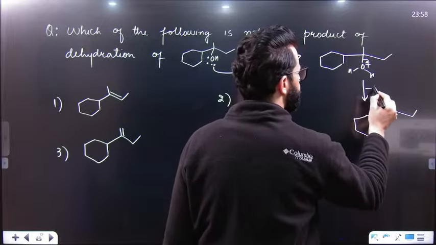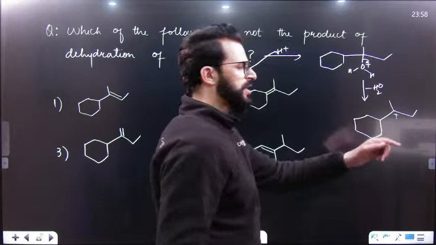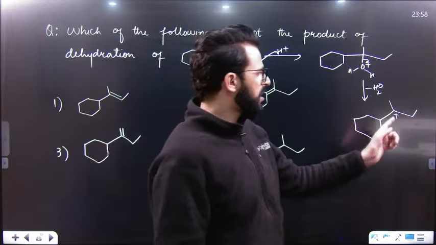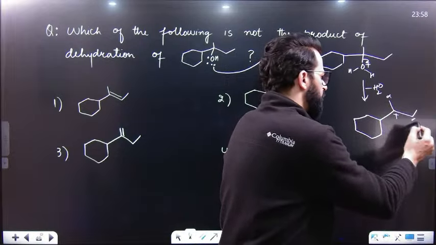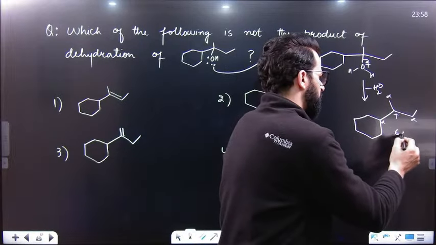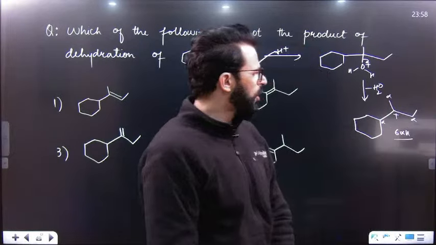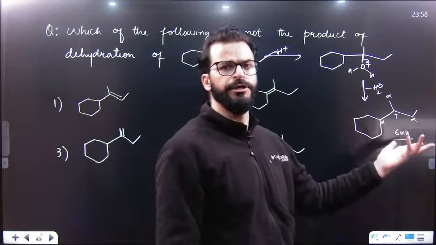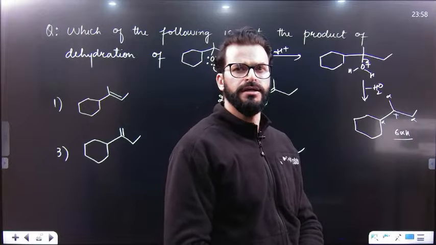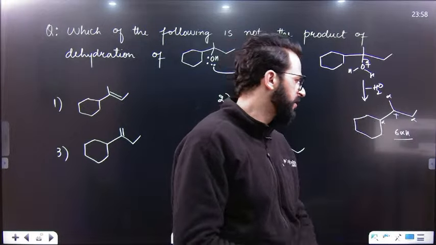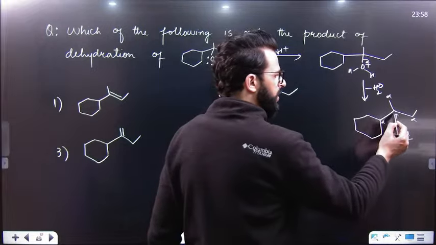Yes or no? So a carbocation will be formed. But this carbocation is already 3 degree and has 6 alpha hydrogens. So this is already a very stable carbocation. There will be no further rearrangement.